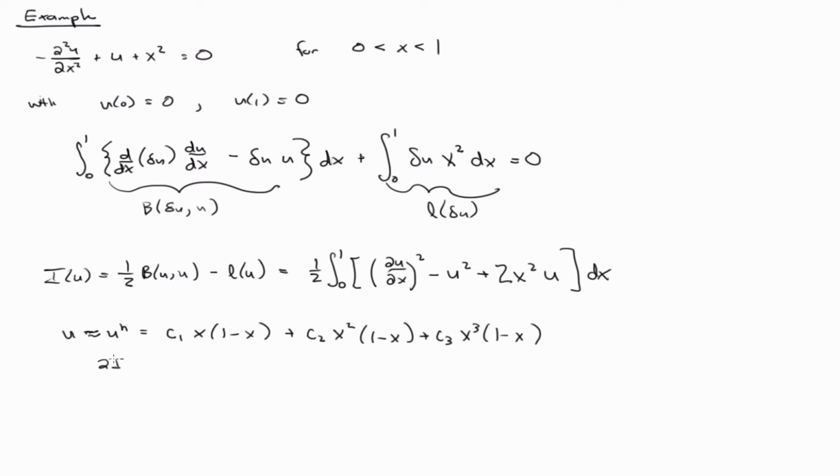So I just have an equation like this, another one like that, and another one like that. All right, so let's do it. I'm going to do it in Mathematica.